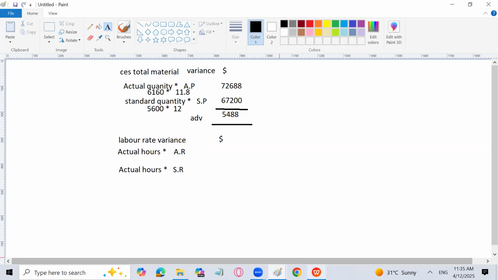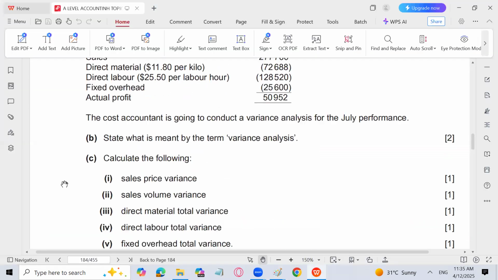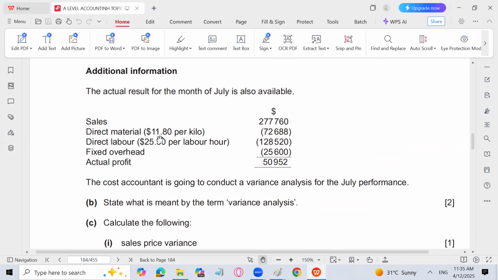Let's see what is going to be our actual hours. In this particular part, we don't need to find the actual hours because the actual labor cost is given. But I will do that to make you understand how things actually work. So 128520 divided by 25.5, we will find the actual hours.